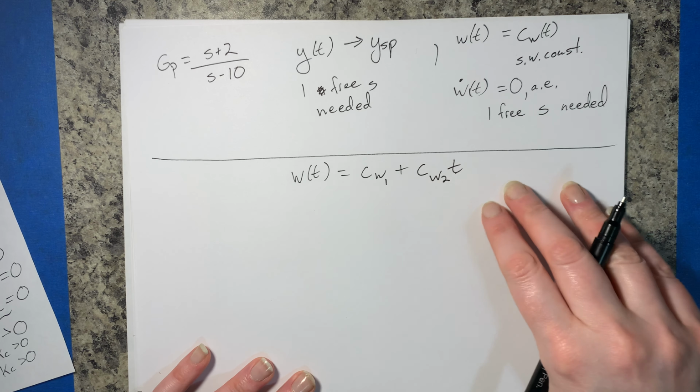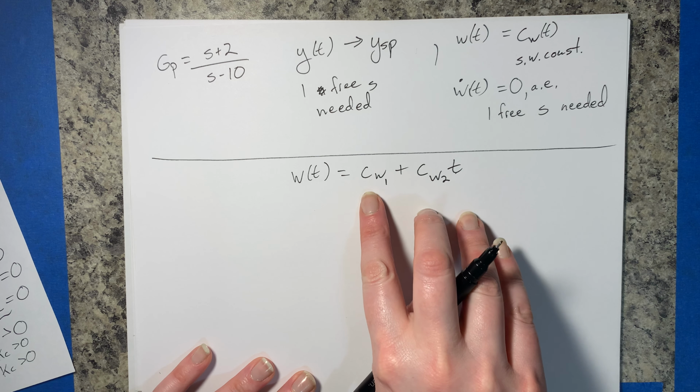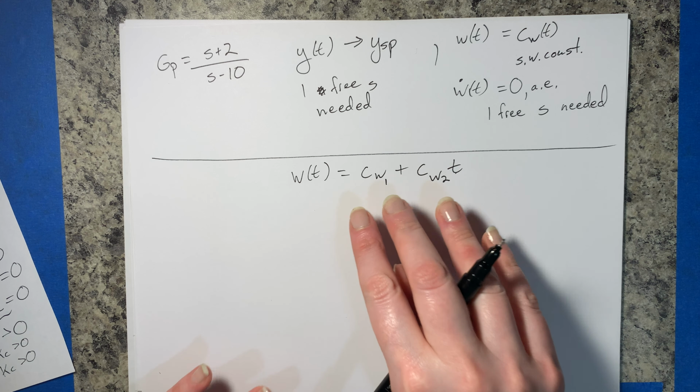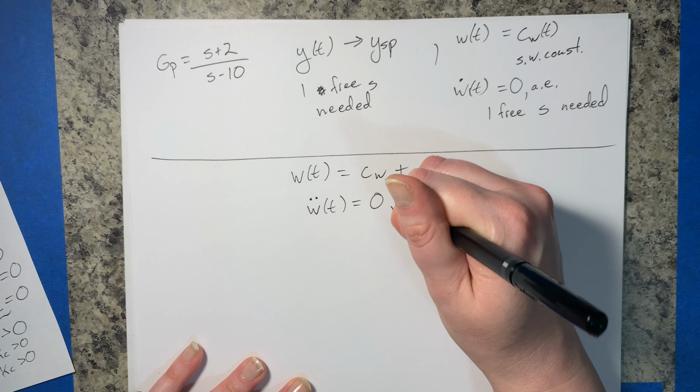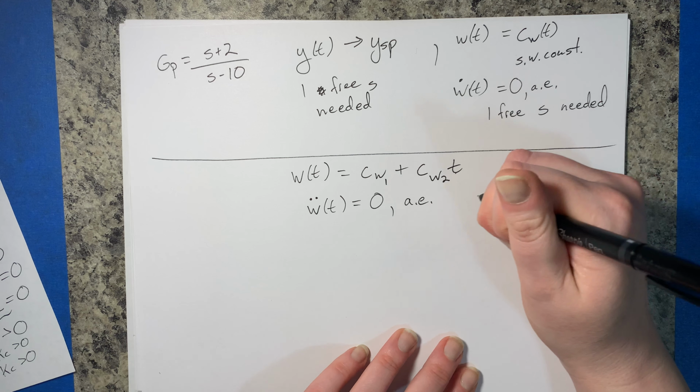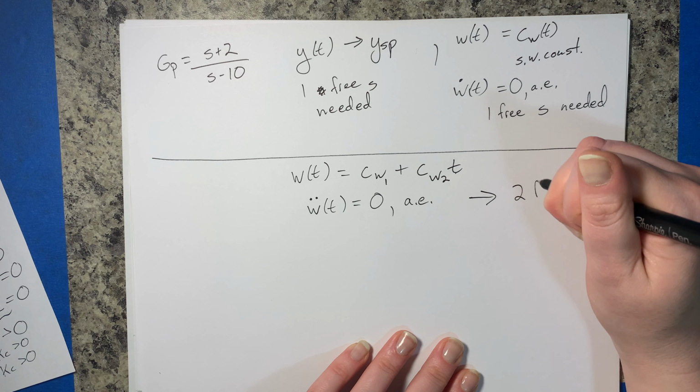However, we will evaluate it the same way that we did a first order polynomial. The second derivative of this disturbance is going to be 0 almost everywhere, and again we just need 2 free S's.